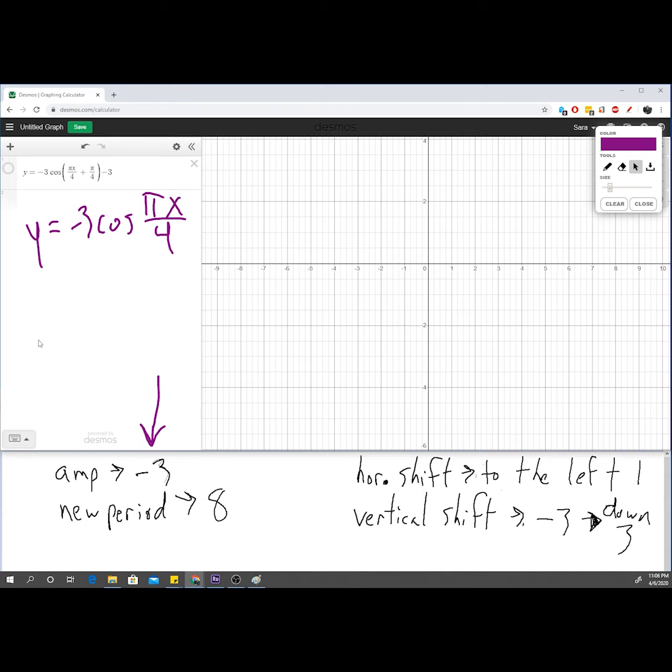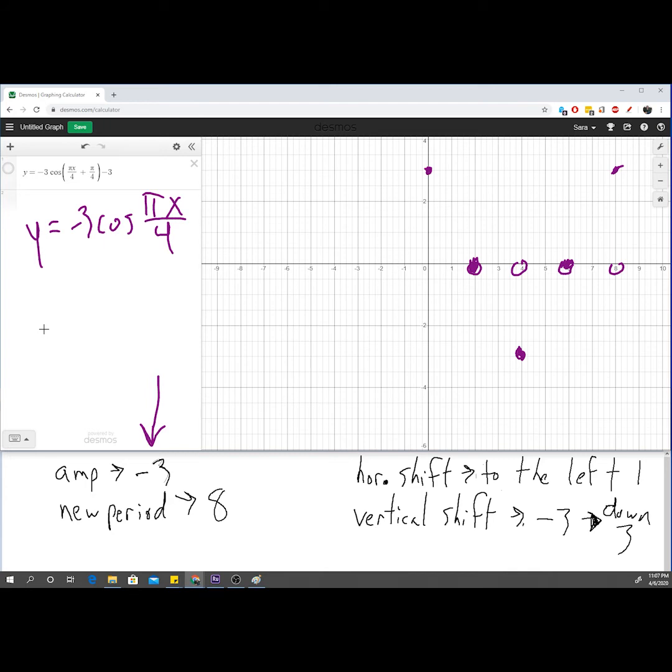So normally your cosine function, remember, would start at your maximum value and then go down to your minimum value. Your period would end by 8. We're going to divide it up into 4 sections, so that means 1, 2, 3, 4. So normally you would start at the top, then have a 0, and then have a minimum, and then have a 0, then have a maximum.